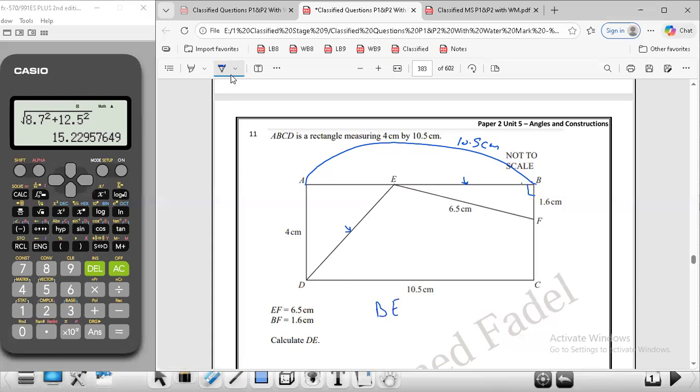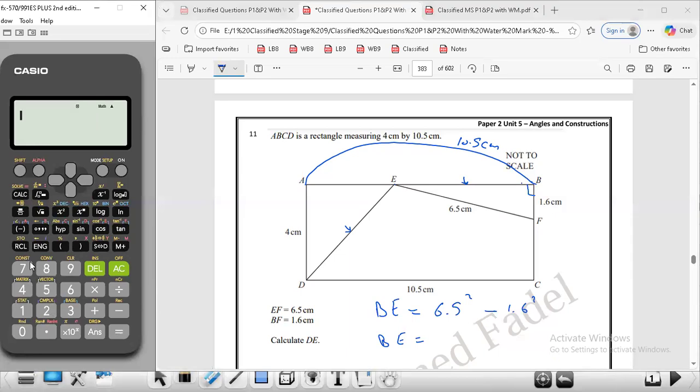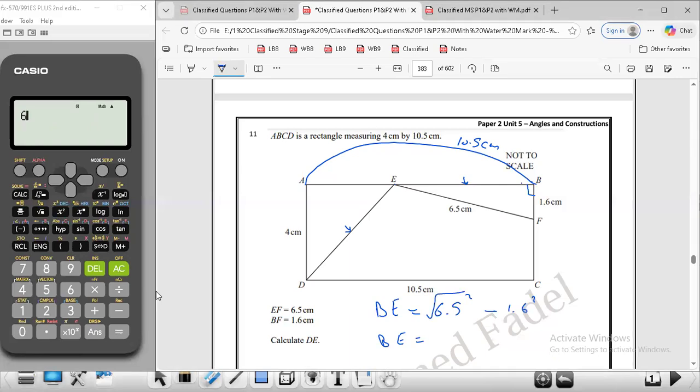BE equals 6.5 squared, which is C squared, minus 1.6 squared. So BE equals, doing this on the calculator, it's square rooted, by the way, don't forget. I always forget about this.